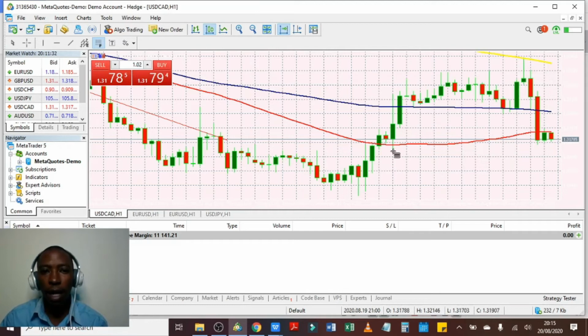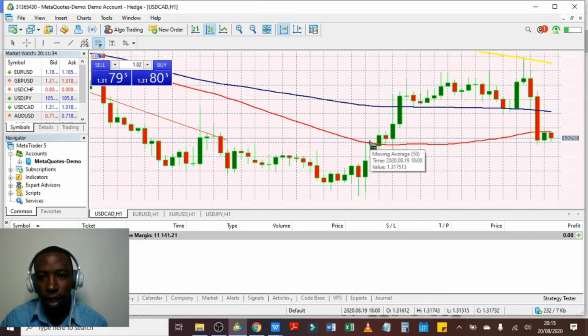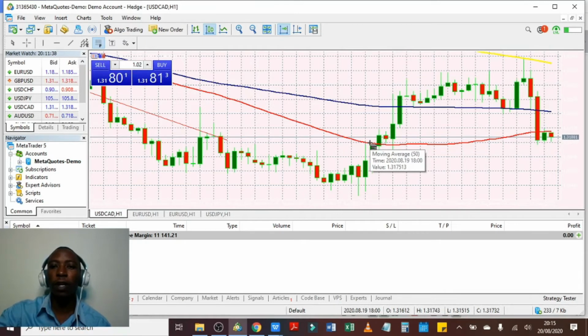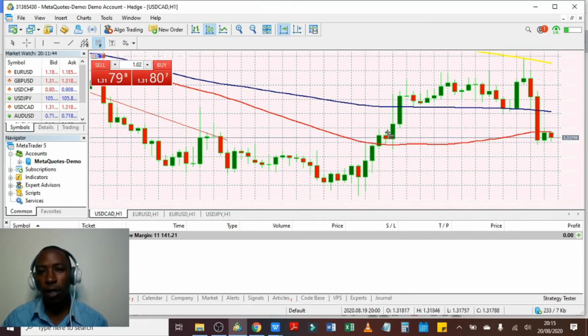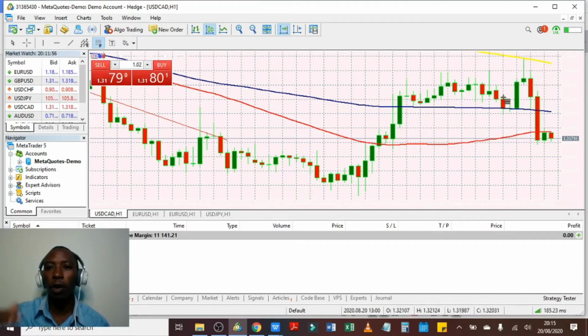As you can see at the red line, this is our 50-hour moving average. When the 50-hour moving average was broken, the market tended to continue trending upwards, an uptrending market, until it broke the 100-hour moving average, kept trending upwards, and then the 200-hour moving average acted as an area of resistance. The market couldn't go any further.